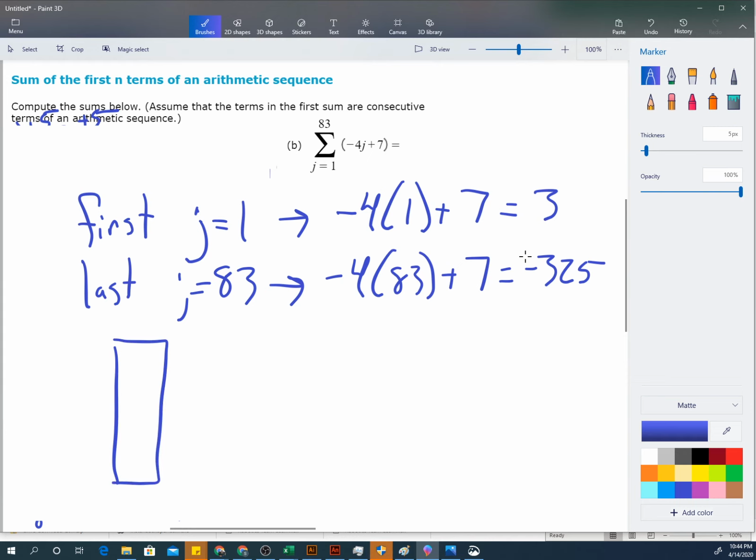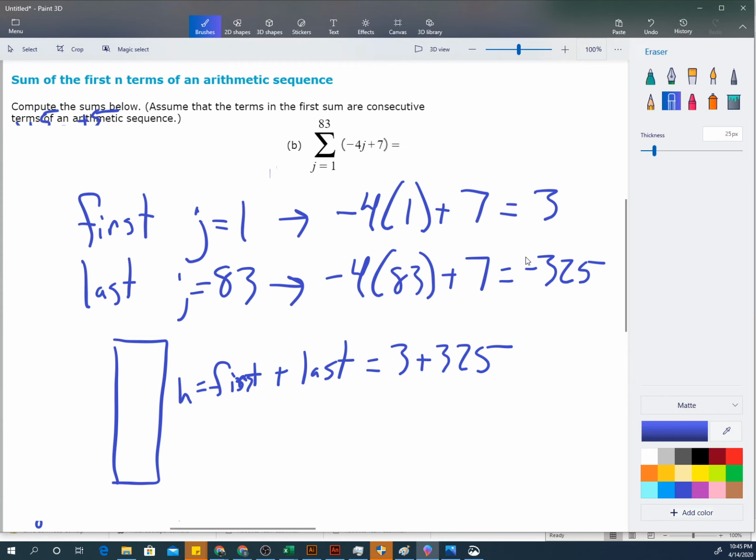So I know that if I take my first plus my last, I'm going to get the height. And even though this is a negative number, it still will work out. Oh no, wait, sorry, I was thinking distance again. All right, so take our first plus our last number and add those together, and that will give us the height of our problem. Oh wait, I did want a negative because it was a negative number there. All right, so we get negative 322.